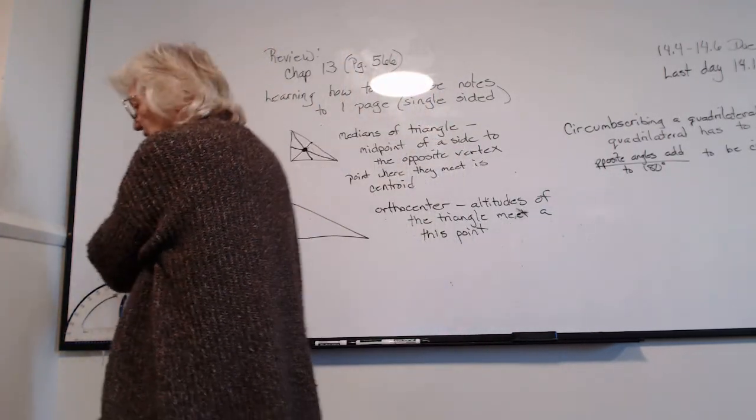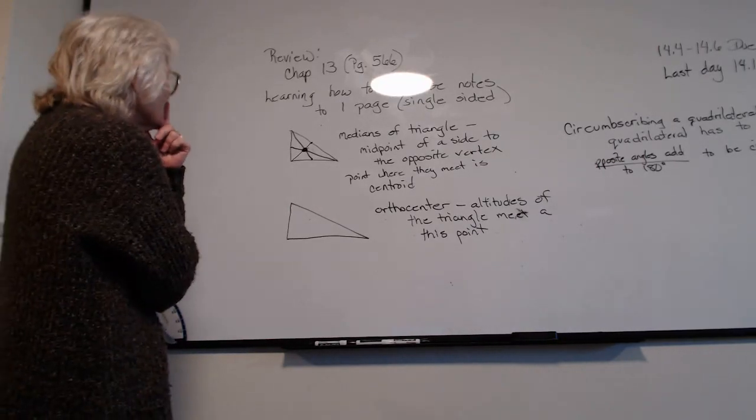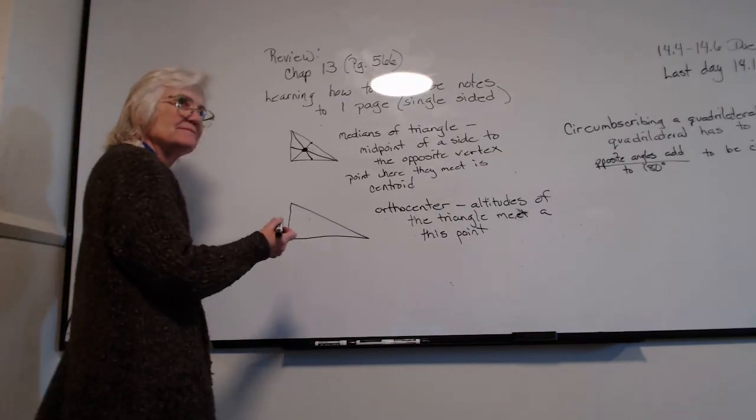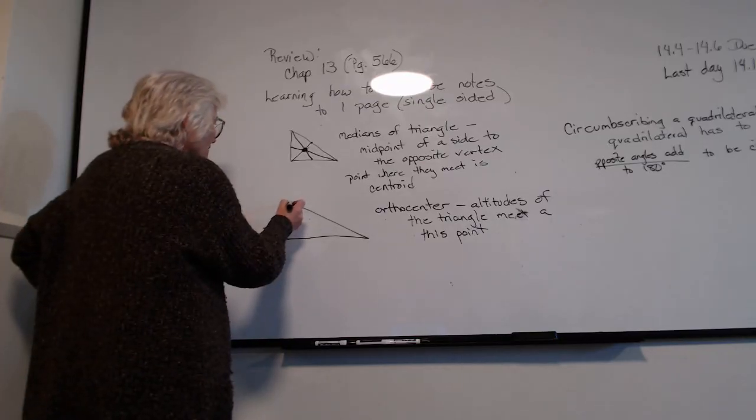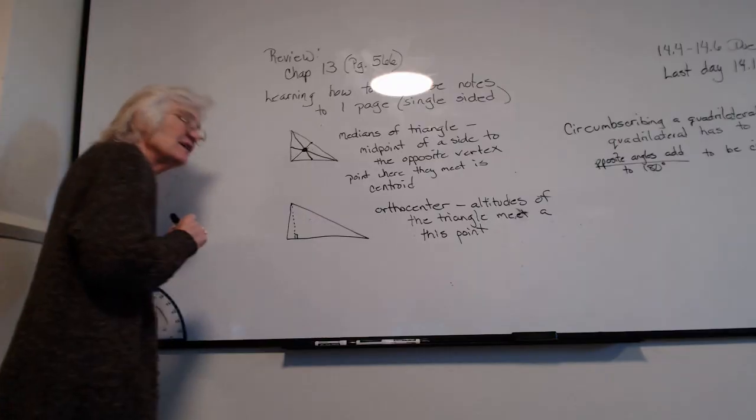Okay, what is an altitude? Where do we use altitude? In triangles. We use it to find the area. So when we're finding an altitude, what am I doing? I'm coming from the vertex down at a right angle.